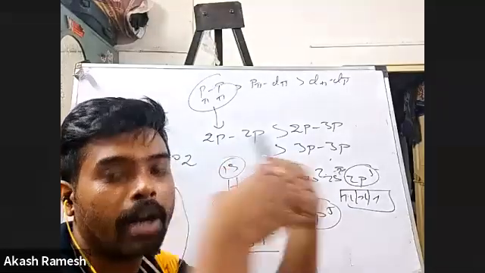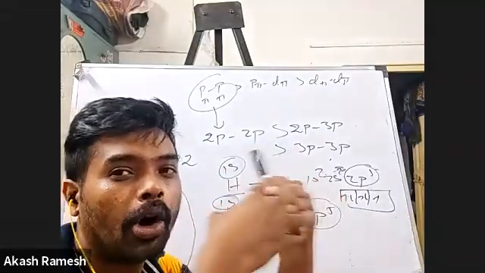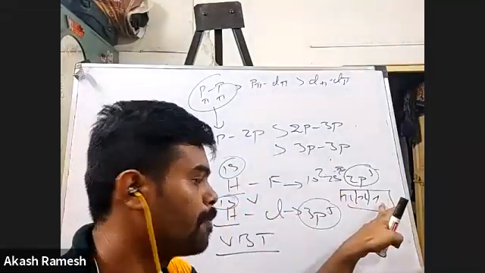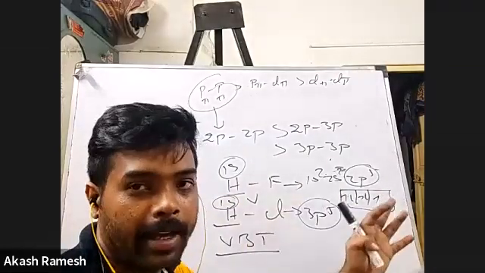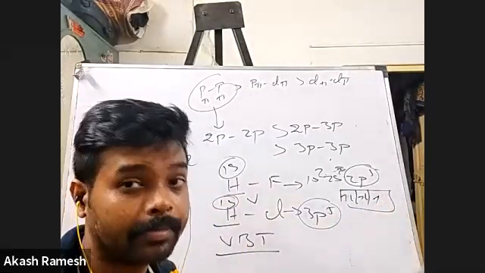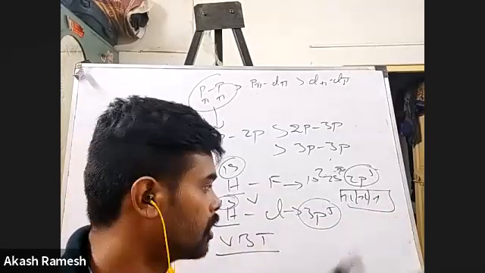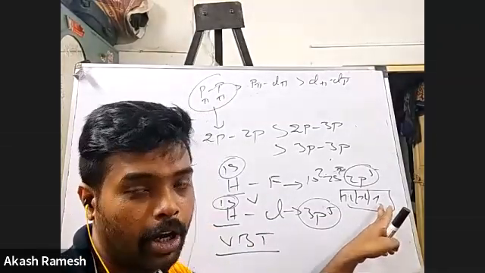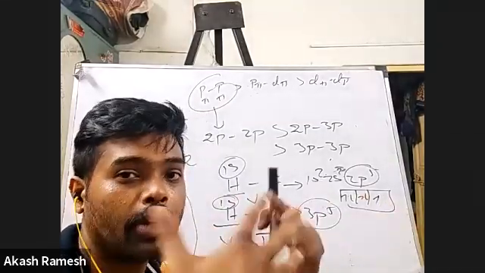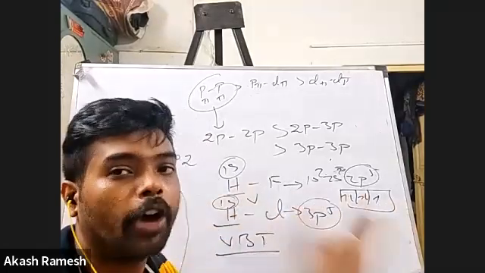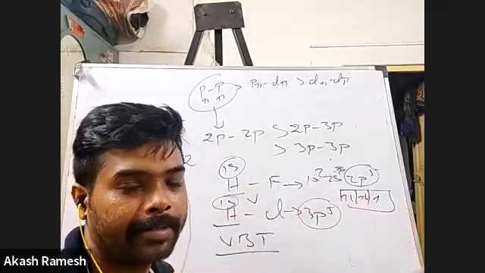That is, they're going to overlap to form a covalent bond so that the unpaired electrons get paired. That was the statement, isn't it? The unpaired electrons in the valence shell of an atom will come together, that is, they overlap to form a covalent bond and they get paired.